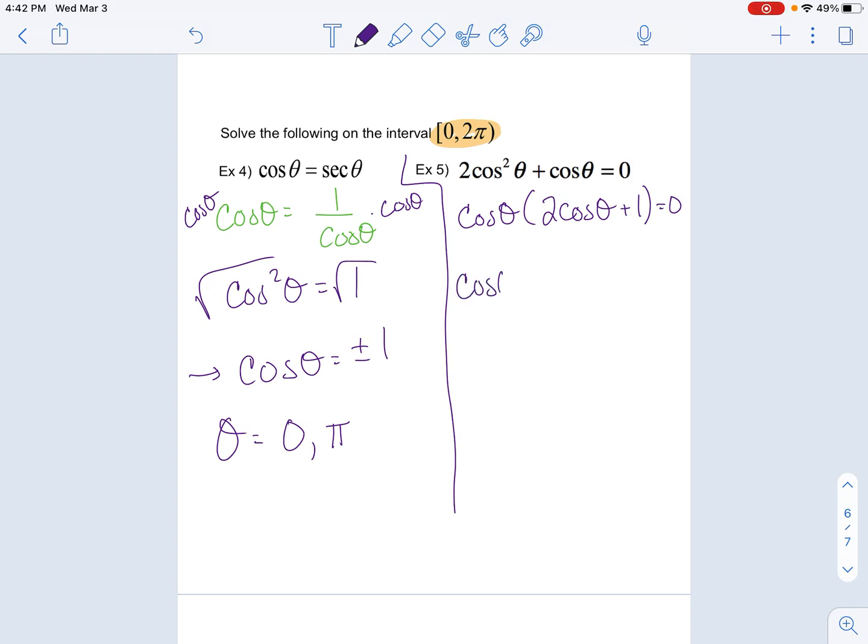So then now I can just split it up, and I'm looking for where cosine theta is 0, and for where 2 cosine theta plus 1 equals 0, or if I went one step further, where cosine theta is -1/2. So I can look on my unit circle here, look on my unit circle there, and find those values from 0 to 2 pi. So I've got to factor out, pull out a GCF there of that cosine.